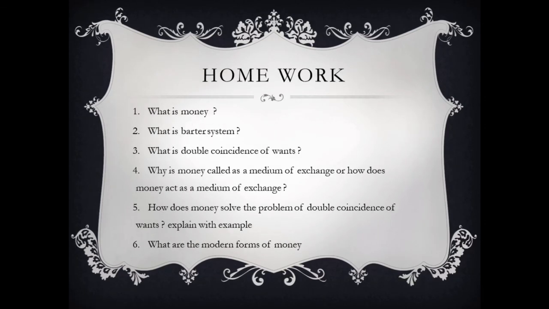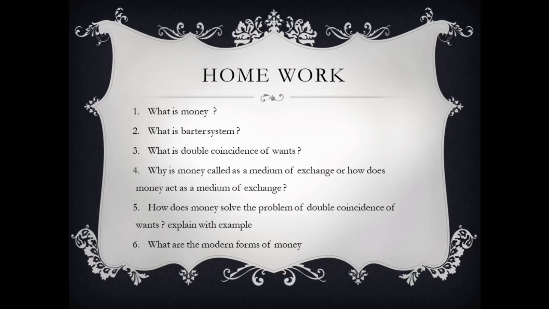Students, in today's class we have discussed the concept of money, uses of money and forms of money. So you are able to answer the following questions. What is money? What is the barter system? What is double coincidence of wants? Why is money called a medium of exchange, or how does money act as a medium of exchange?